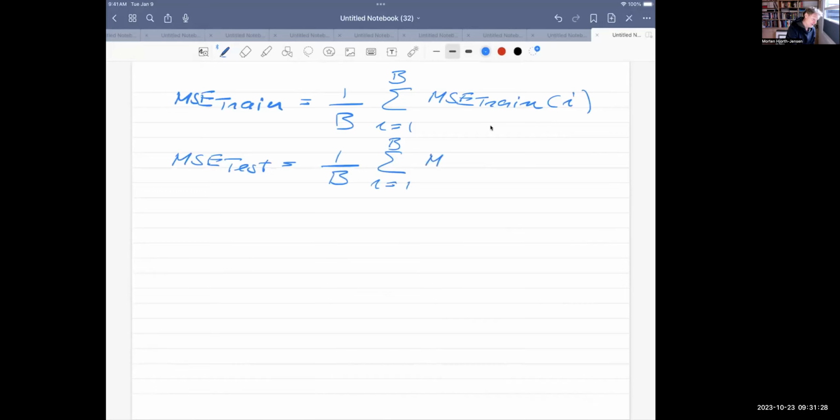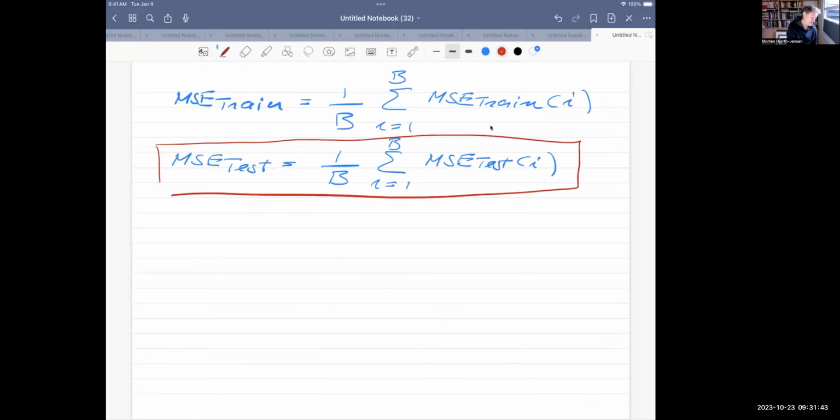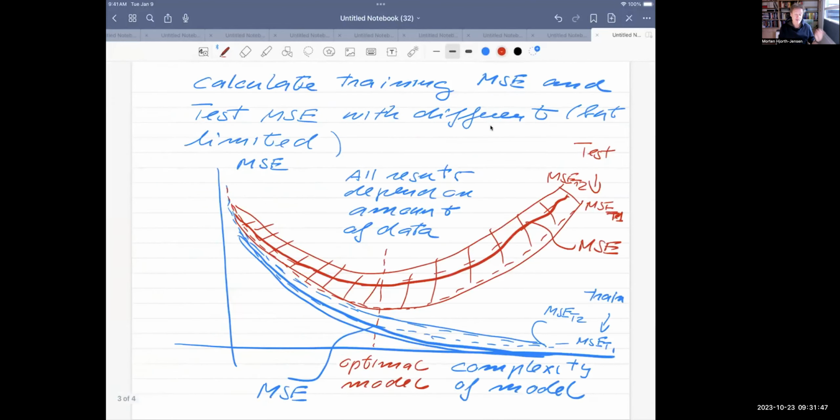So we would have an MSE test then for case i. So the quantities which you now see, this will be the red one. So our mean squared errors are now going to be given by these kind of averages over all the expectation values which we've been calculating with the different models.